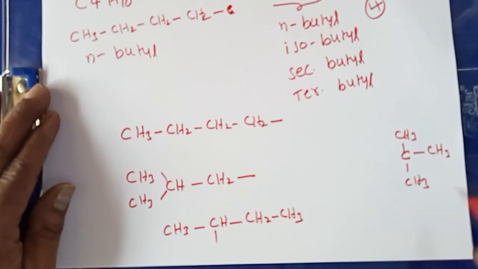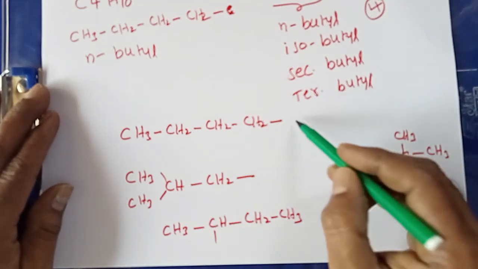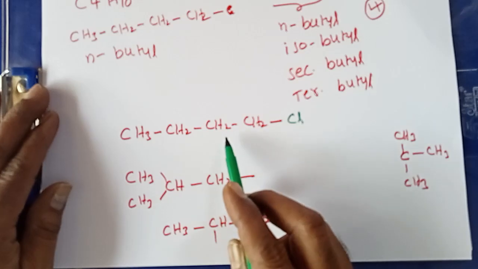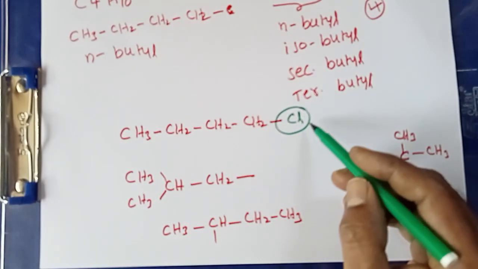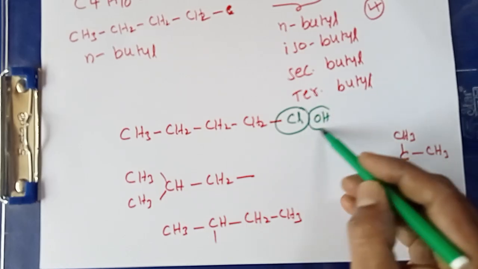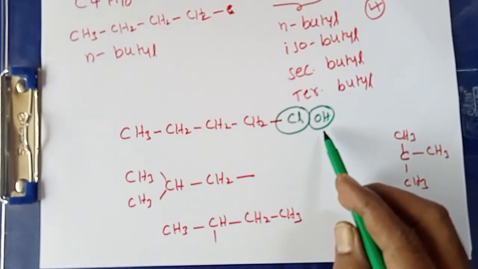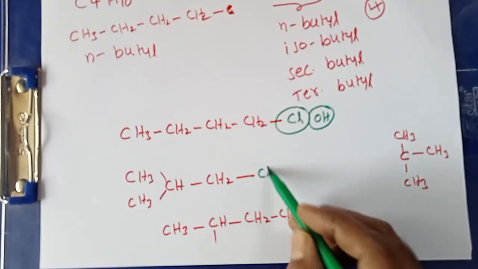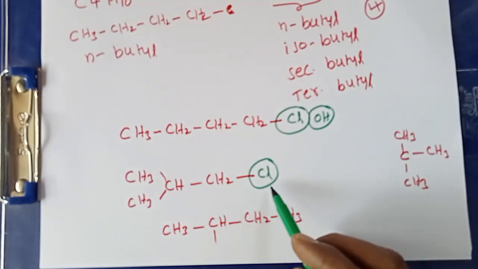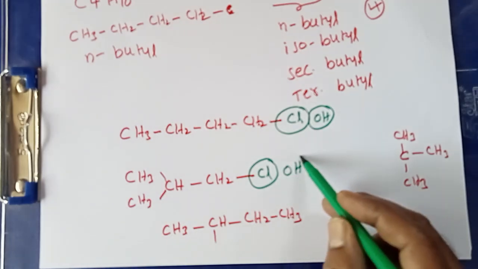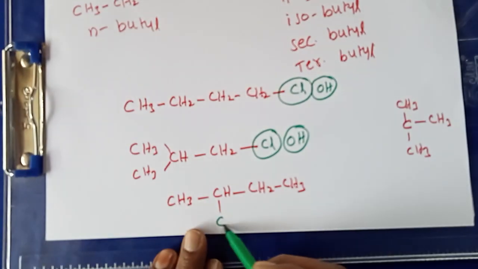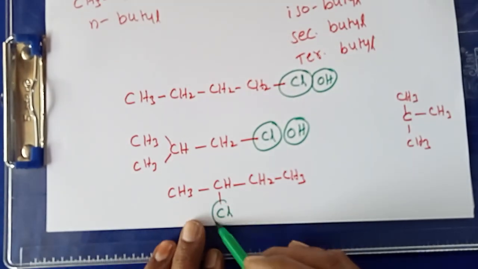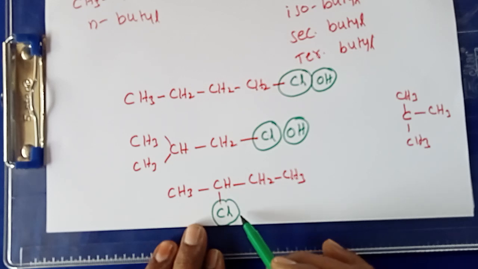Very important trick. If you write the chlorine here, what is this name? N-butyl chloride. If you write the OH here, what is this name? N-butyl alcohol. If you write the chlorine here, what is this name? Isobutyl chloride. If you write the OH instead of chlorine, isobutyl alcohol. If you write the chlorine here, secondary butyl chloride.